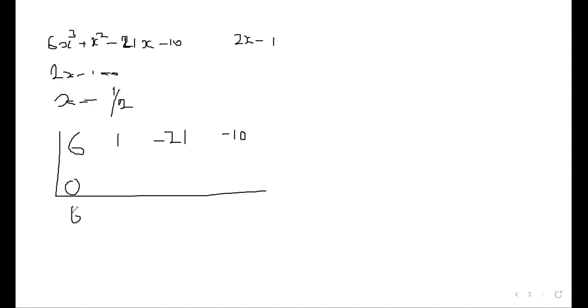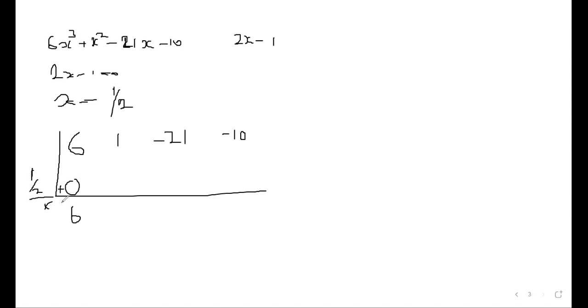It's as good as dropping down this. Then our factor in this case is 1 over 2. So here you multiply this, and whatever is here you multiply, and these that are in here you add.